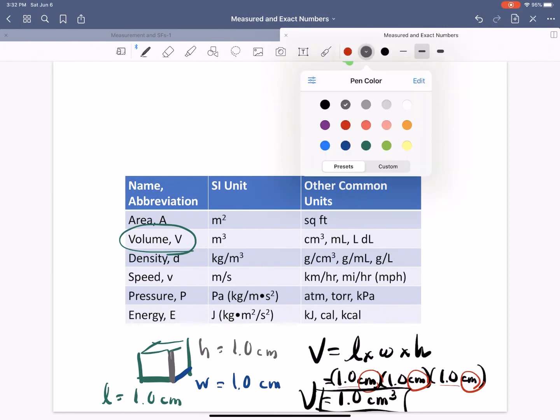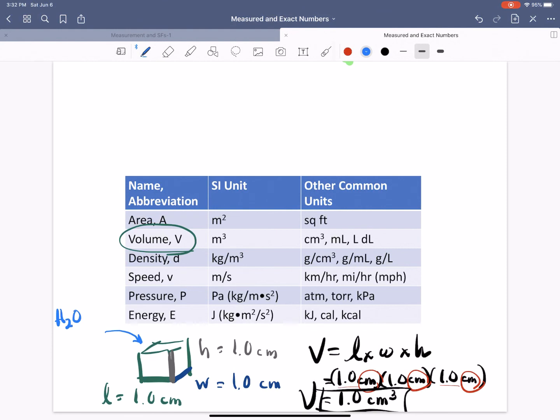And the cool thing is, if we were to fill that cubic centimeter with water, what volume of water would it require? 1.0 milliliters. 1.0 milliliters would completely fill this cube.